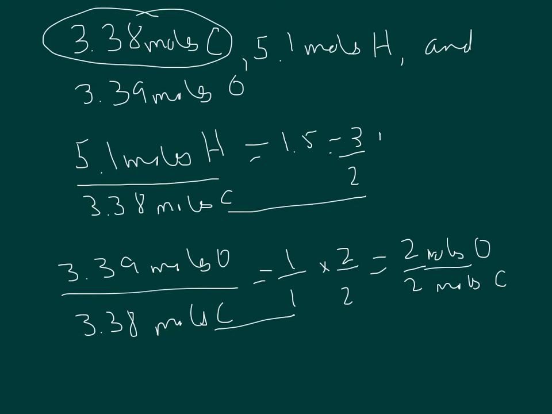Up here we have 3 hydrogens for every 2 carbon. These really wouldn't be moles. They were really just a ratio of 3 hydrogens for 2 carbons, 2 oxygens for 2 carbons. So we can leave those moles out.